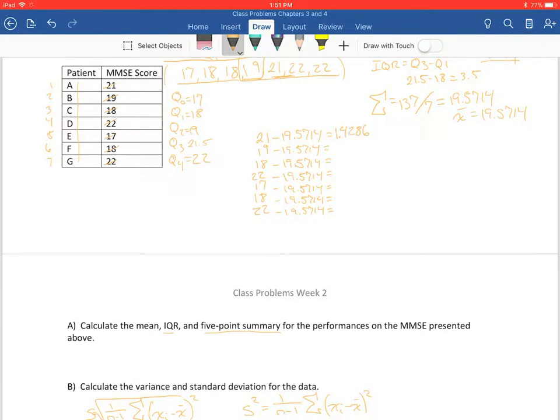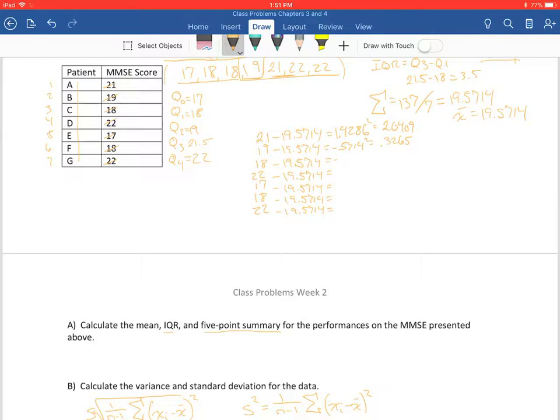When you take 21 minus 19.5714, you get 1.4286. Remember, we then square this value and get 2.0409. Same thing for the rest: you take your value of x, subtract your x bar, get a value, and square it, and keep doing this all the way down. So I'm going to slowly fill in the rest of these values.